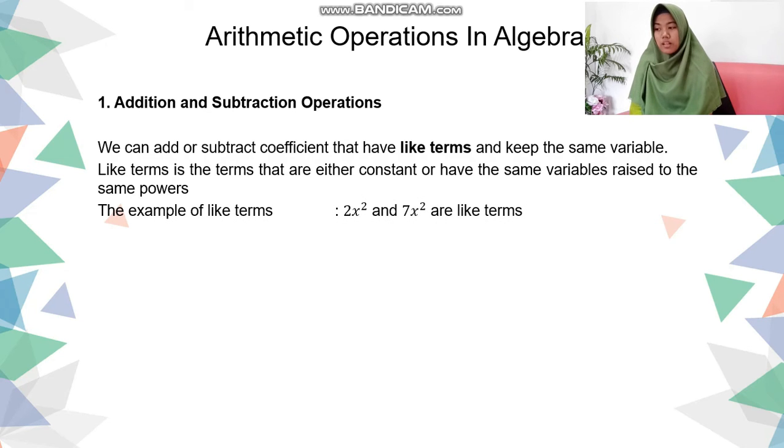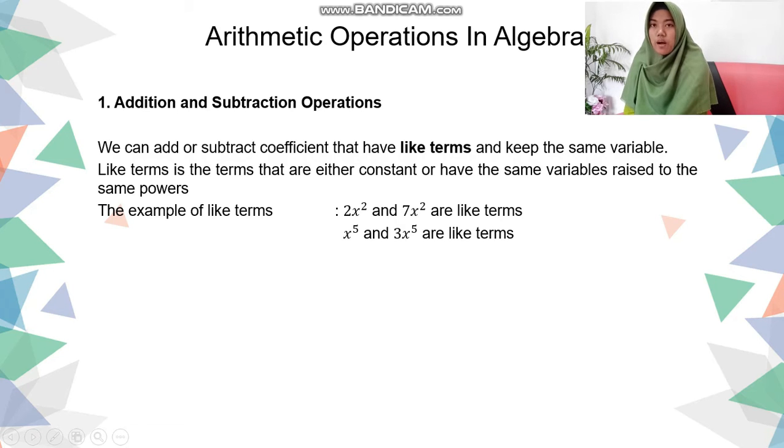The example of like terms are 2x squared and 7x squared are like terms because they have the same variables raised to the same powers, x squared and x squared.